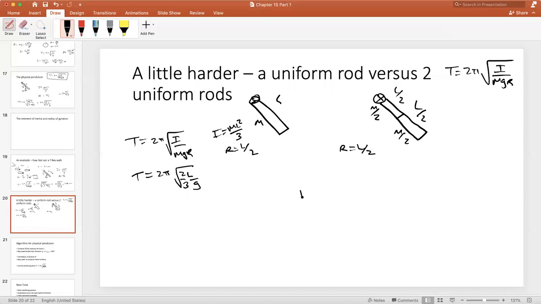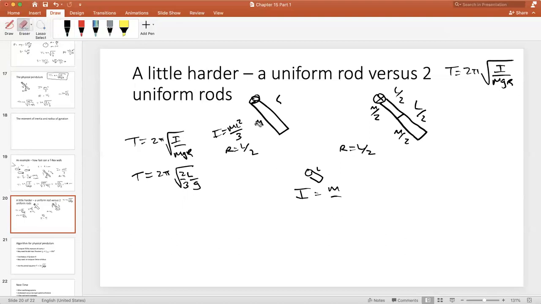But I is where we're going to have the trouble, because for one rod it's ML squared over 3 if it's rotating about one end. But for us, this L is L over 2 and this mass is M over 2.